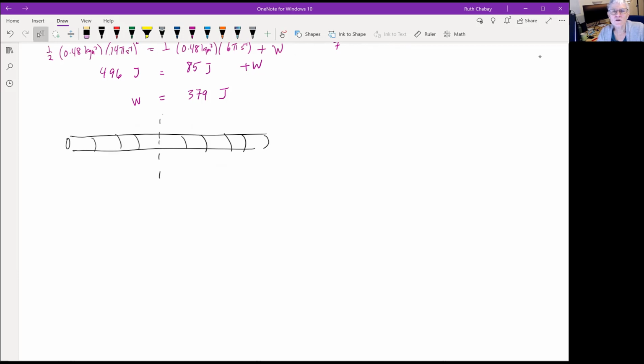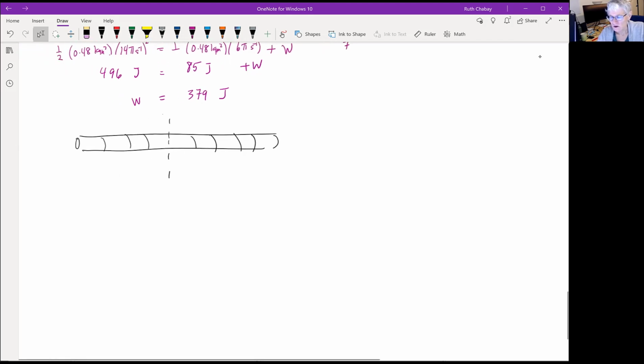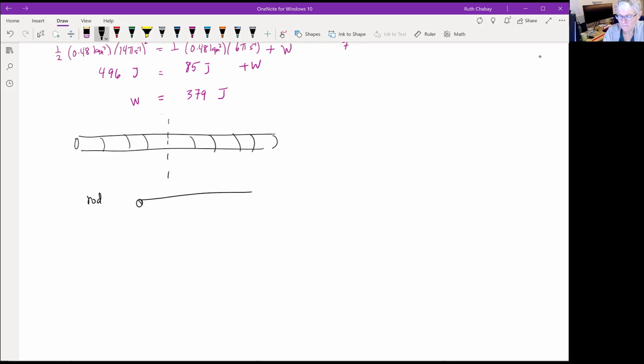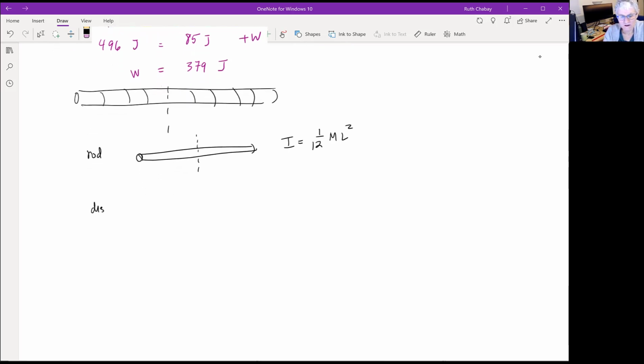So we give you the results for some standard geometry things. For example, a rod rotating around that axis has a moment of inertia of 1/12 times the mass times the length of the rod squared. For a disk, you do not need to know these things, okay?